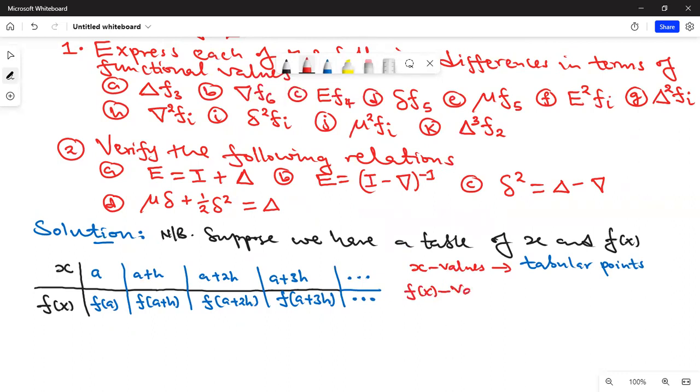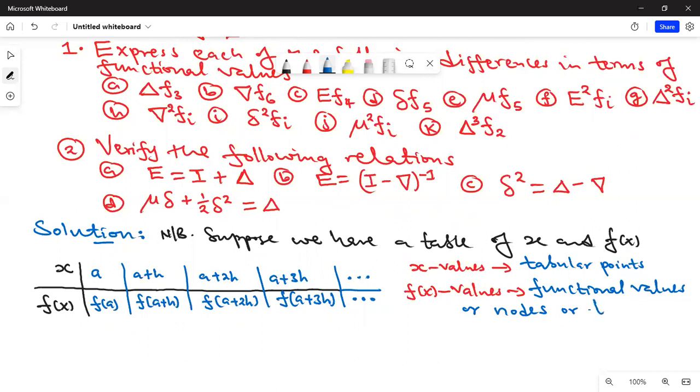So the f of x values, we always call these functional values, or they are also called nodes, or you can also call them the base points. So we have three names that we refer to them, or simply tabular values.